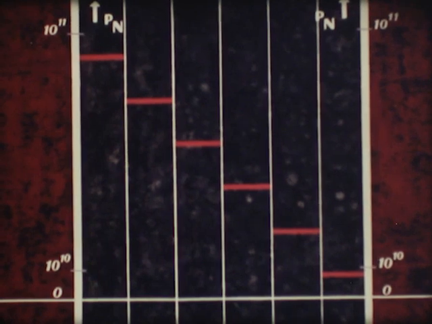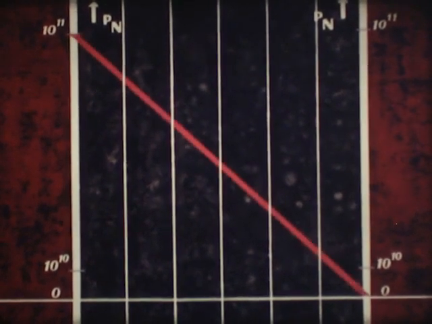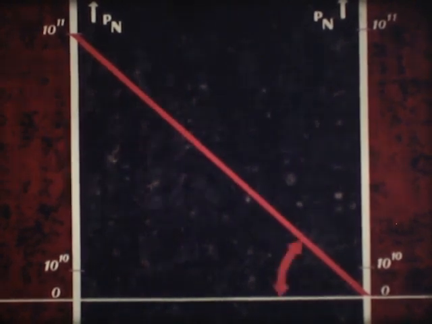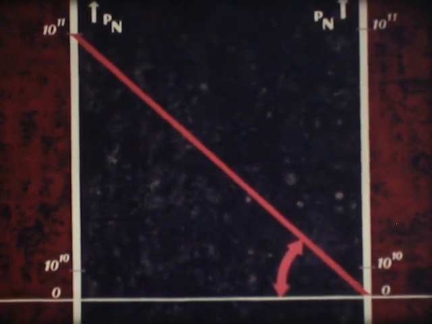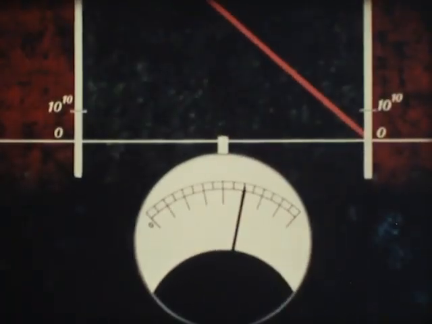This decrease is, in fact, linear, and can be expressed as a straight line drawn at an angle to the horizontal axis. The value of the current flowing in the right-hand circuit is a function of this angle.